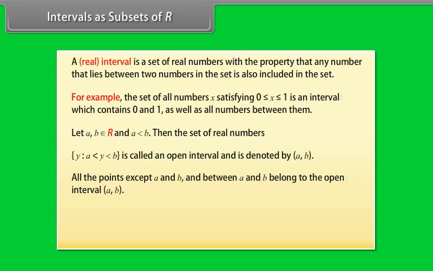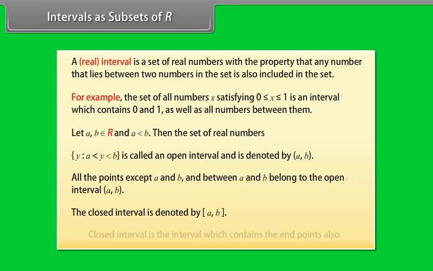All the points except A and B and between A and B belong to the open interval (A, B). The closed interval is denoted by this symbol. Closed interval is the interval which contains the endpoints also.